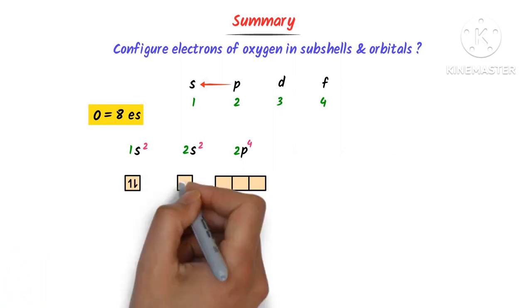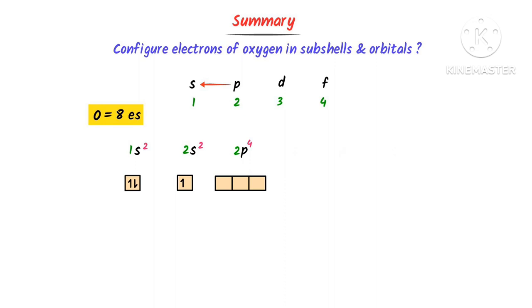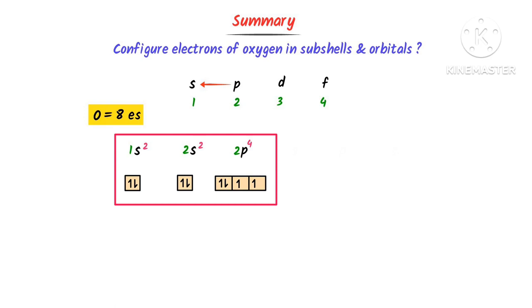In 2s, first electron in upward direction, second electron in downward direction. In 2p, I write first electron, second electron and third electron in upward direction, then first electron in downward direction. So this is the complete electronic configuration of oxygen in subshells and orbitals. Thus note down this important example. I hope that you have learned the complete electronic configuration.